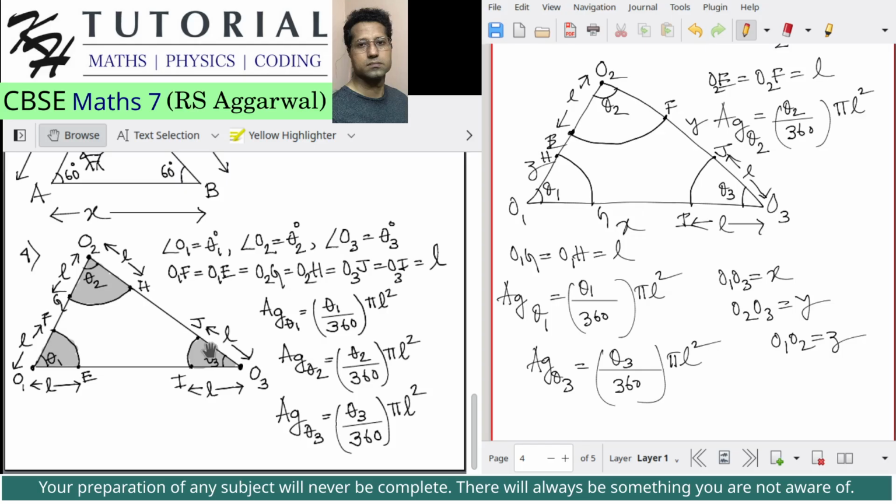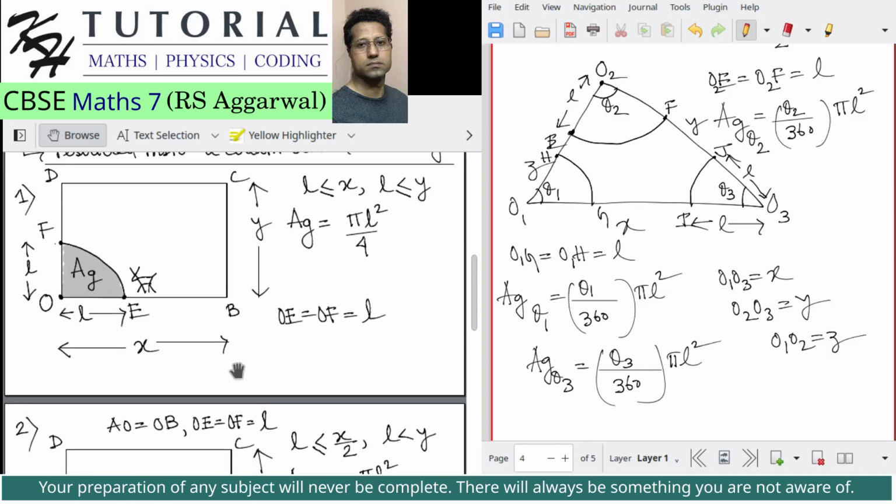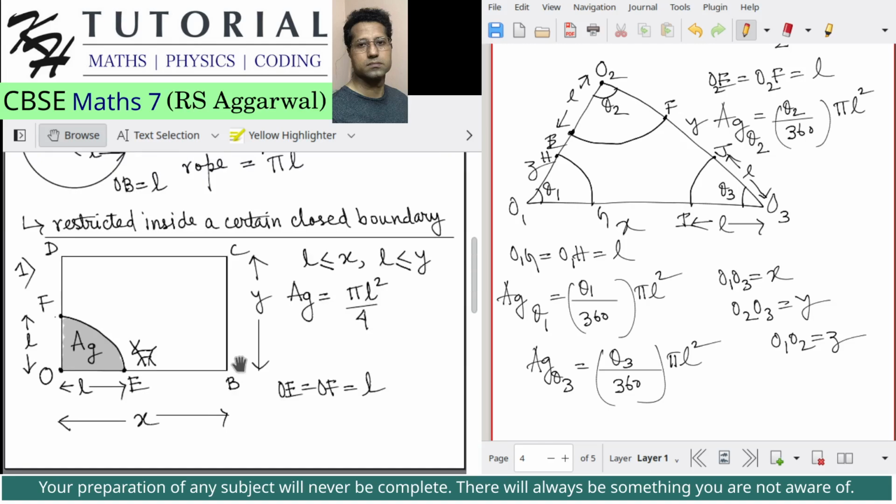That boundary could be rectangular or triangular, or any other figure like a square. I hope this will give you some idea of how to find the maximum area of grazing when an animal is tied with a rope of certain length inside a restricted boundary, especially at the corners of some rectangular plot or some triangular plot. I will come up with some example problems based on this concept in some future video.